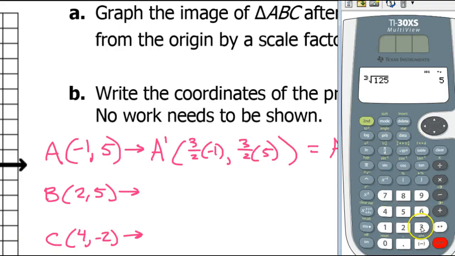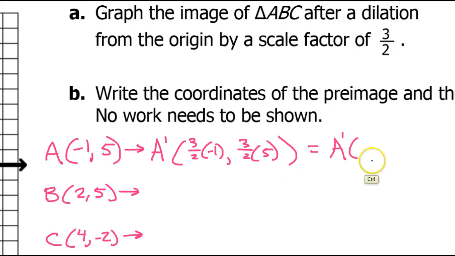Okay, so if I do, well, obviously 3/2 times -1 is just going to be -3/2, which is the same thing as -1.5. So this is basically -1.5.